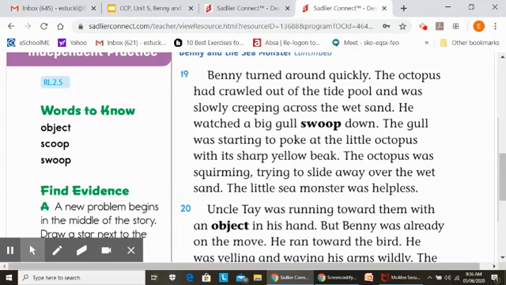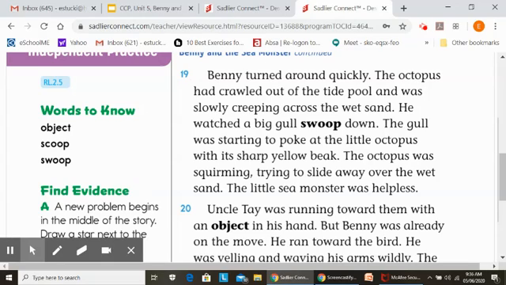If you take ice cream, they put a scoop of ice cream on your cone. Okay. Then the word swoop, they're very close, but make sure you understand. Swoop is when a big gull swoops down, means he dives down, he flies down suddenly. You will understand it better when we read it in context in the story.